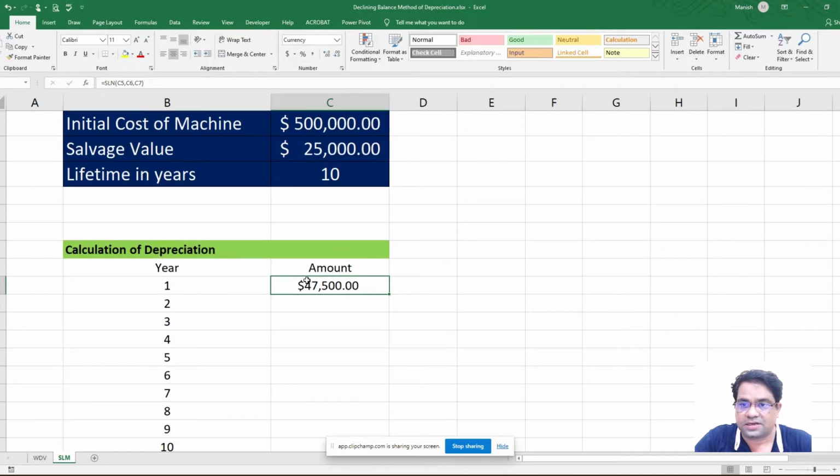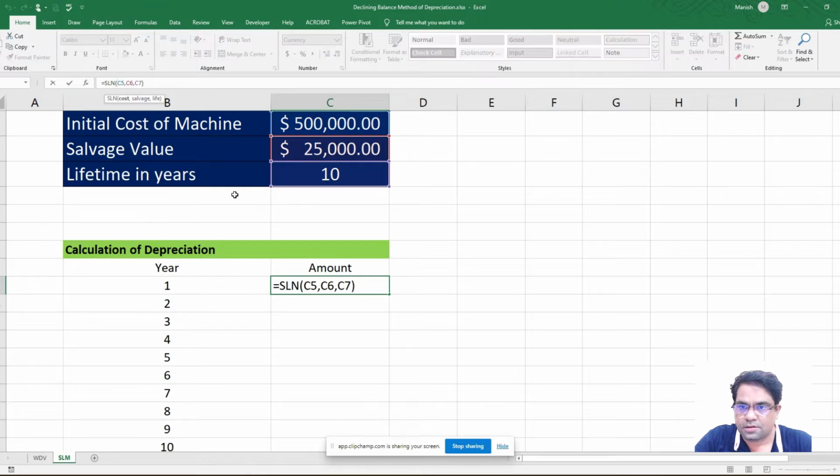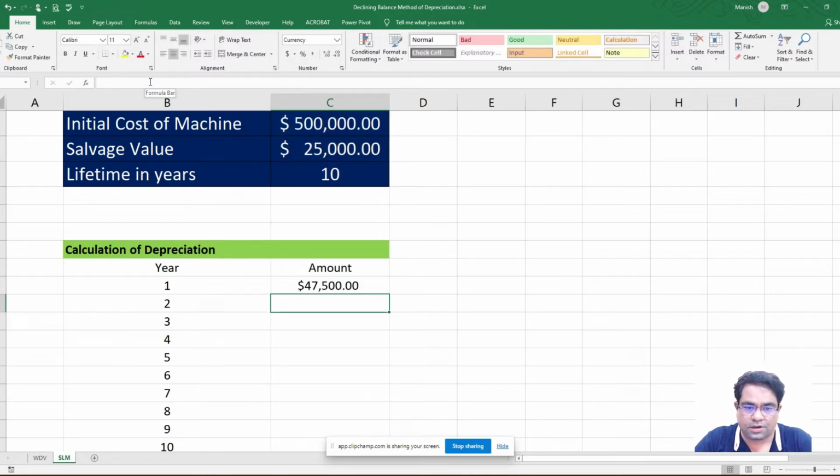Now for fixing cells, press F4 for the dollar sign, and F4 for each reference. Now arrow key down.